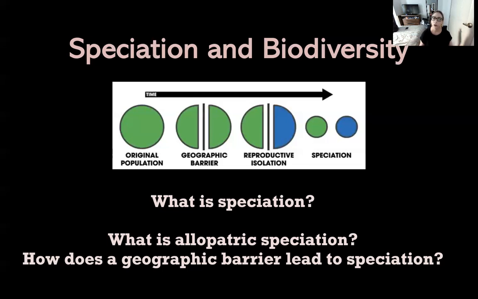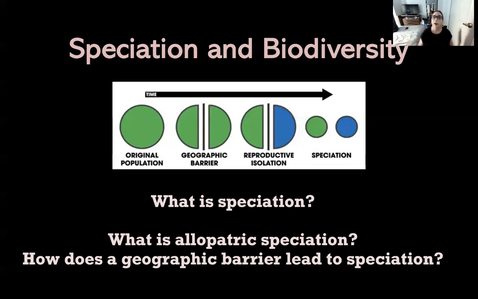That would be a geographic barrier. It's anything that separates a population into two populations that can no longer interact with each other. It could be a lake drying up. It could be urbanization, like building a city or housing that separates a population into two. Any of those are geographic barriers. It's any physical barrier that separates a population into two separate populations.